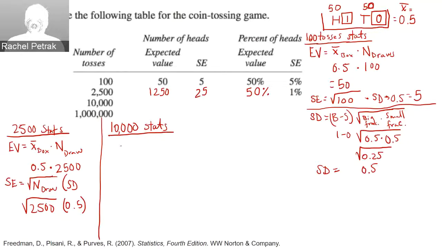So when we have 10,000, our expected value is still the same formula, of course, but now it's equal to 0.5 times 10,000, or 5,000.